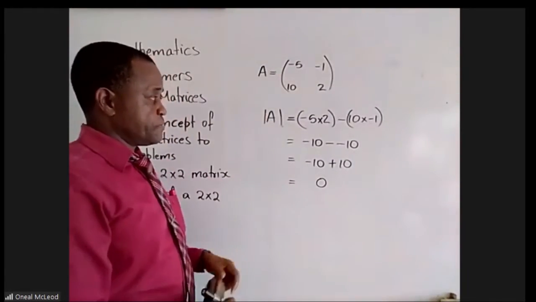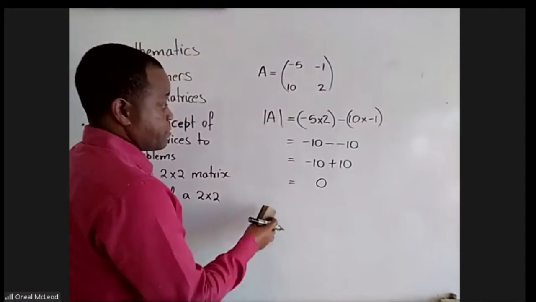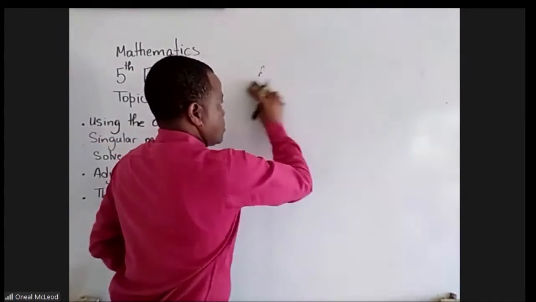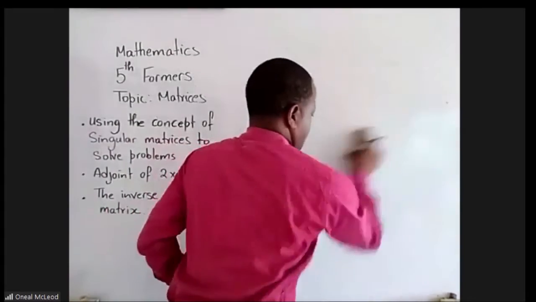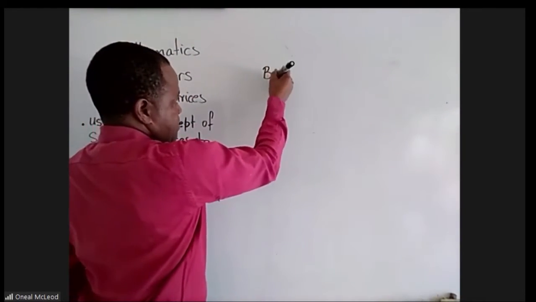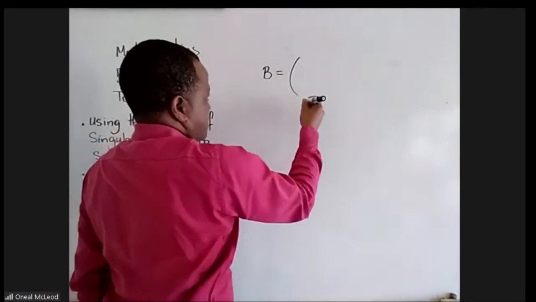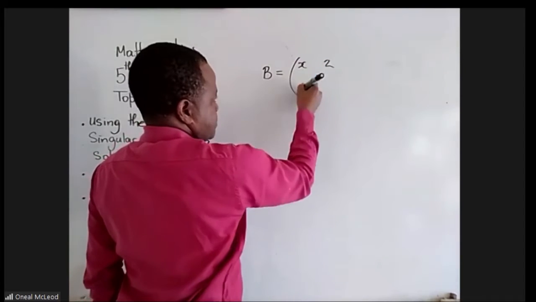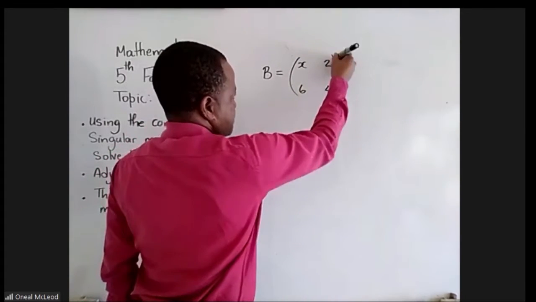Now let's look at another problem and see how we would go about working this out. Now, if I give you the matrix B, and I tell you that the matrix B, this is X, this is 2, this is 6, and that is 4.